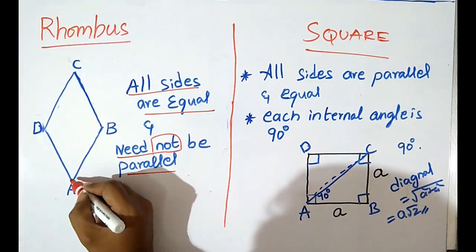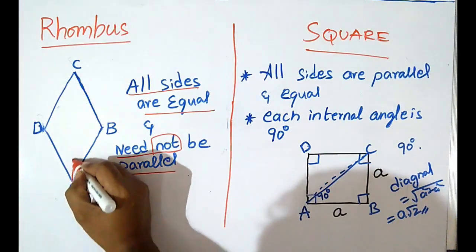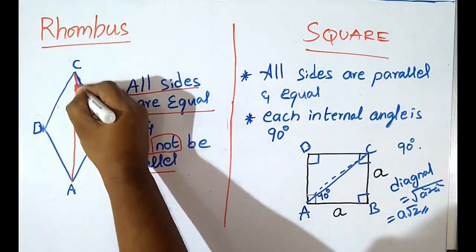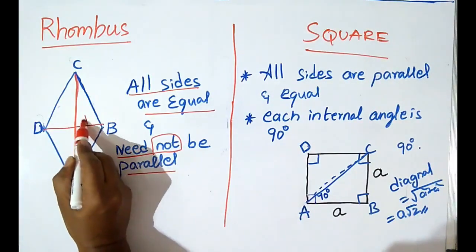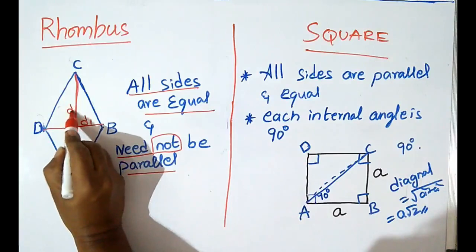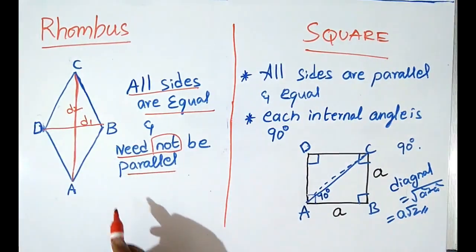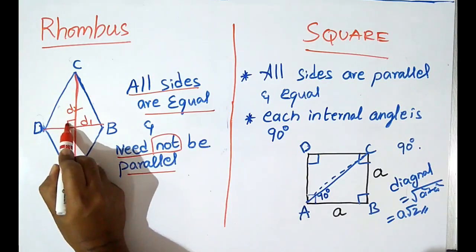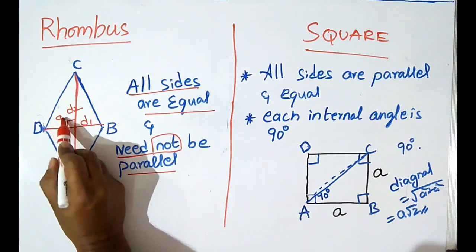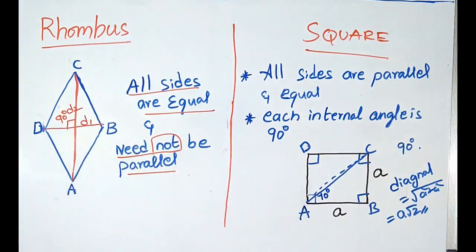But if we take the diagonals D1 and D2, these diagonals bisect each other at 90 degrees angle, friends.